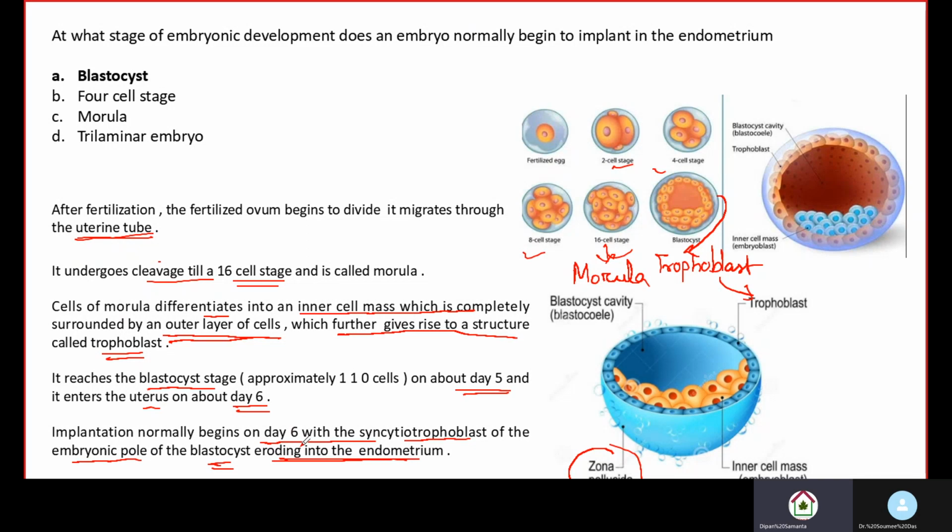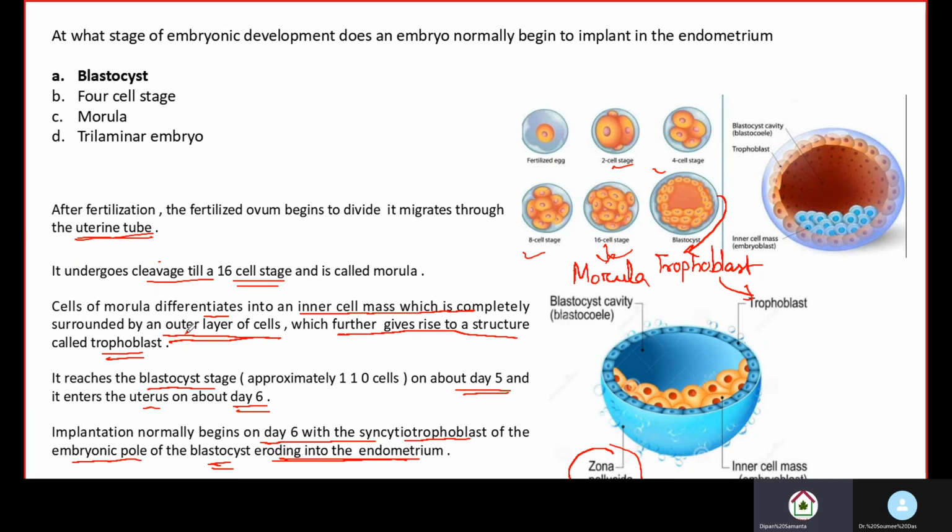This is all about implantation, and each and every fact is a question. The 16-cell stage is a morula, but blastocyst is the stage when it gets implanted.